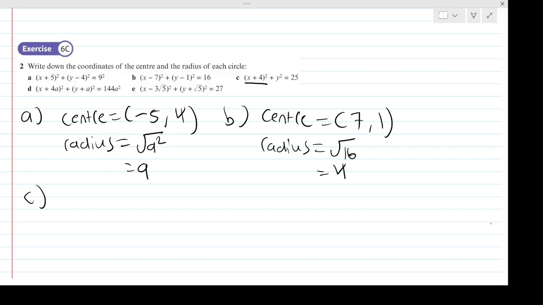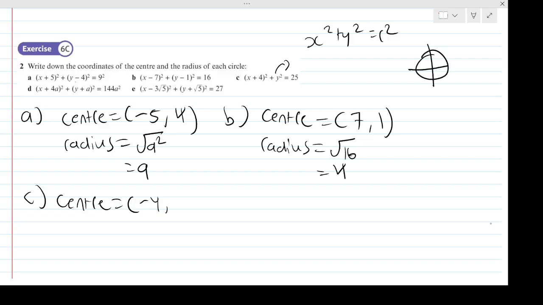We have x plus 4 squared and y squared is 25. So the centre, firstly, well, for x, instead of plus 4, it's minus 4. But y, oh, hang on, it's just y squared. But what you can say there is it's kind of like the formula for the circle at the origin, right? Well, that means y is at the origin.